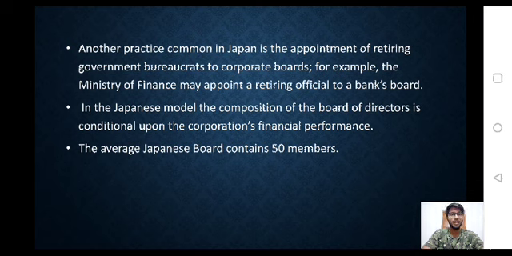So the main indicator that helps to appoint the board relies on the financial performance of the corporate. Then the next point says the average Japanese board contains 50 members. The average number of members that a Japanese board can contain is 50.